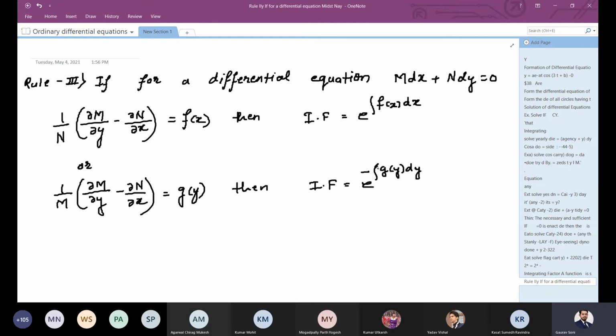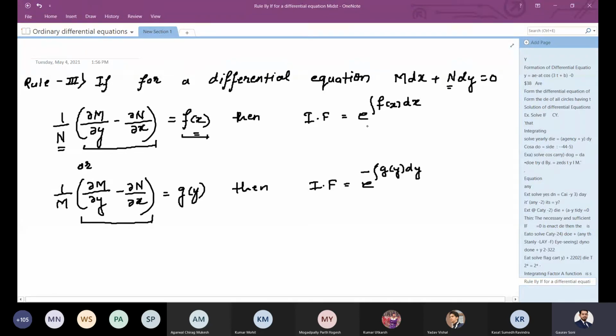What does rule number 3 say? Look at both the things. You are taking the difference: partial derivative of M with respect to y minus partial derivative of N with respect to x. I will look at the difference of these two, and then see if after dividing by N, the coefficient of dy, I get a function of x.